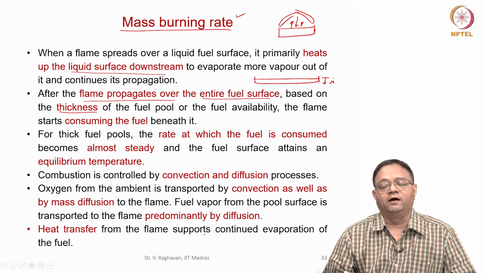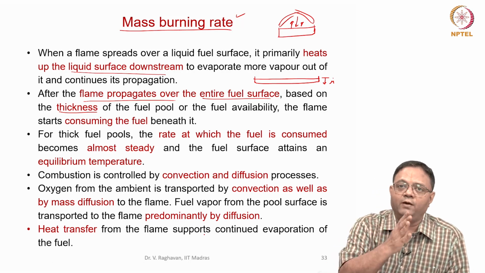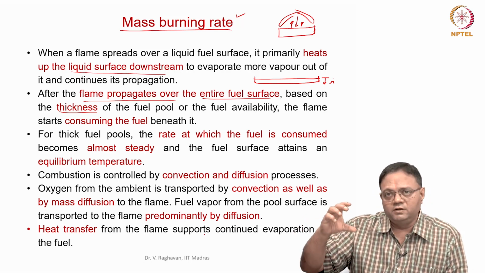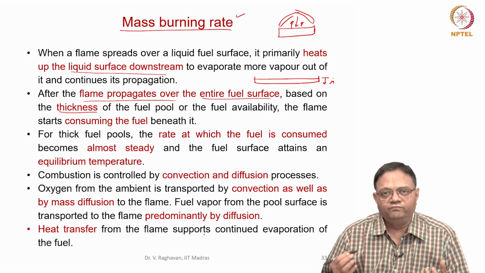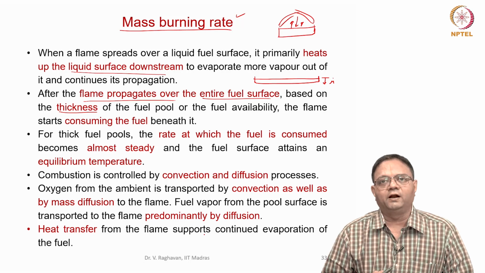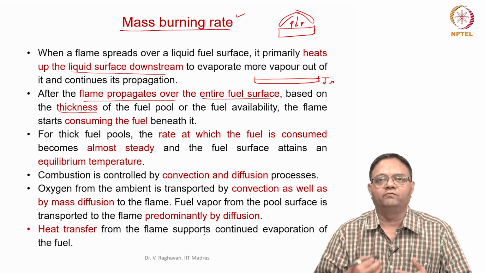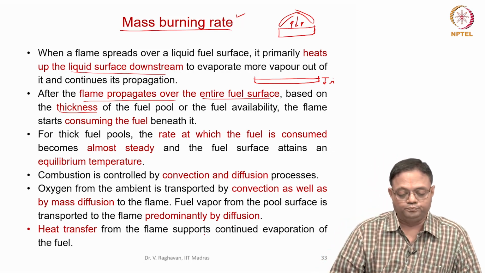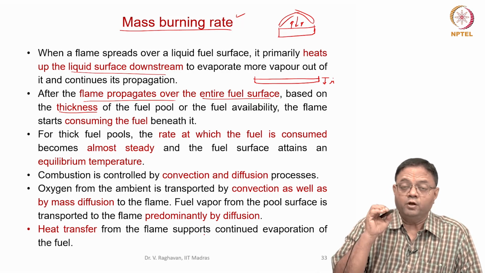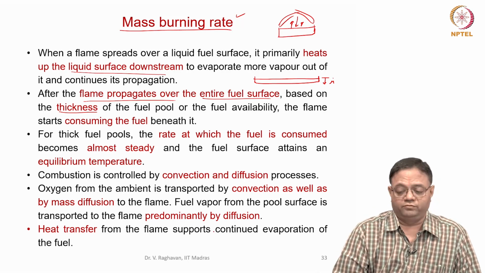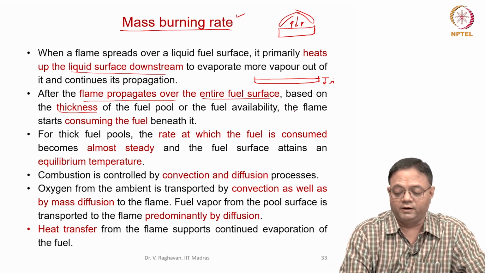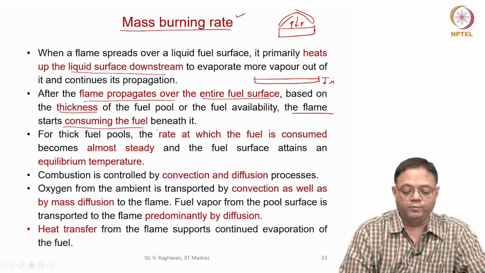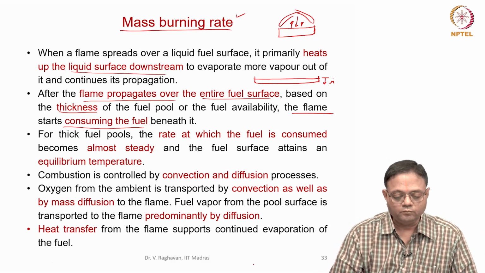But if it is thick enough, then the flame would have spread over the surface, but enough fuel is again present underneath the flame, where it will continue to evaporate and feed the flame, and the heat feedback will couple with the mass transfer now. Okay, so we have a finite thickness of the liquid layer. Then what happens is, after spreading, the flame starts consuming the fuel below it.